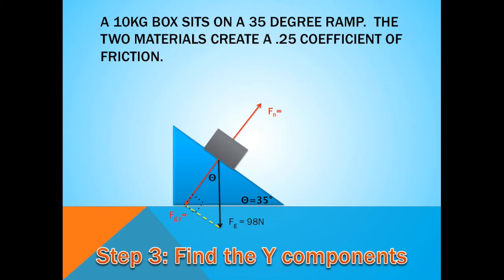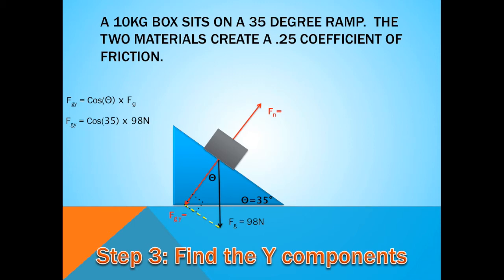Just as when we first started working with 2D kinematics and vectors, we had to use the cosine and sine functions. In this case, to calculate our FGY, it's very simple. We just take the cosine of theta times FG. That's all you do. And when you do that, you get FGY.